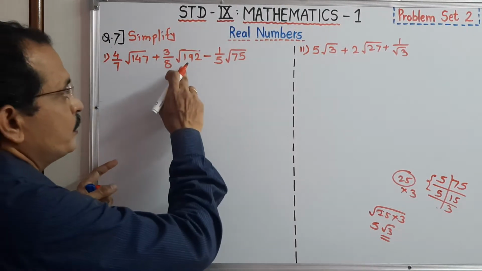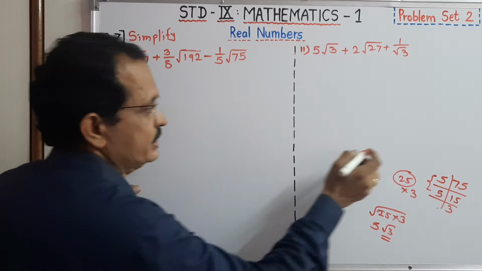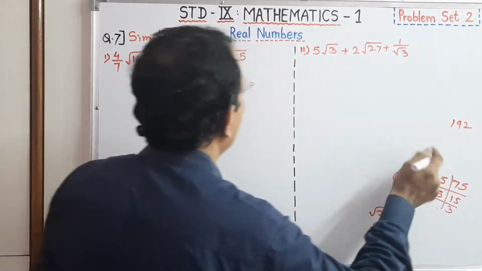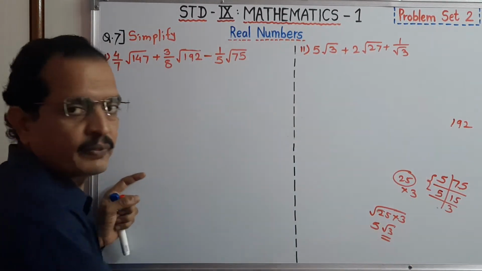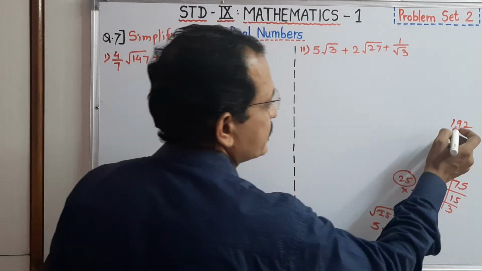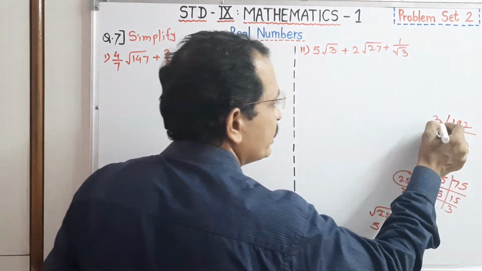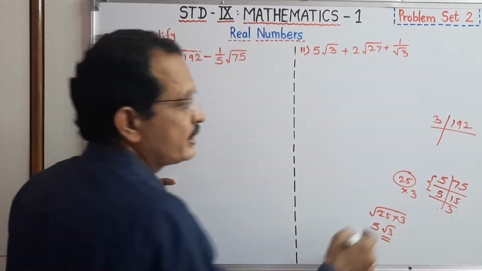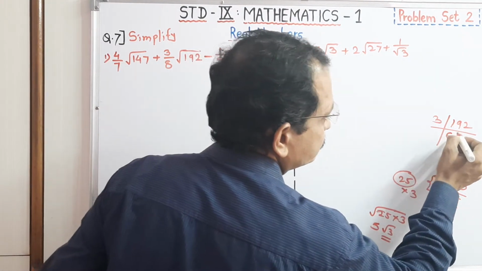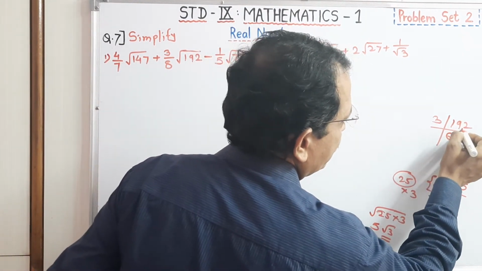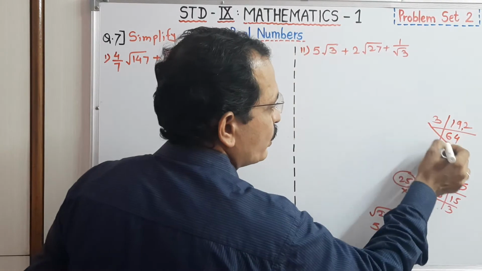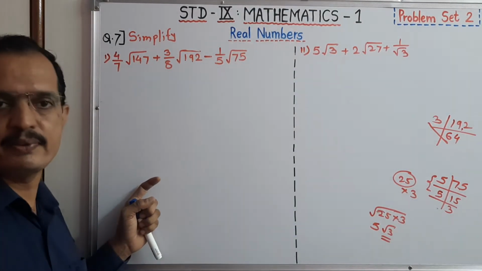That means while factorizing 192, one factor should be 3. Therefore, for factorization of this, we directly divide by 3. Then 3 sixes are 18 and 3 fours are 12. That means we got 64 into 3 as the factors.